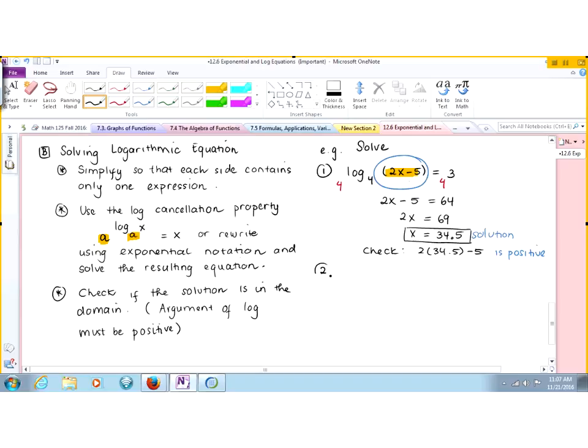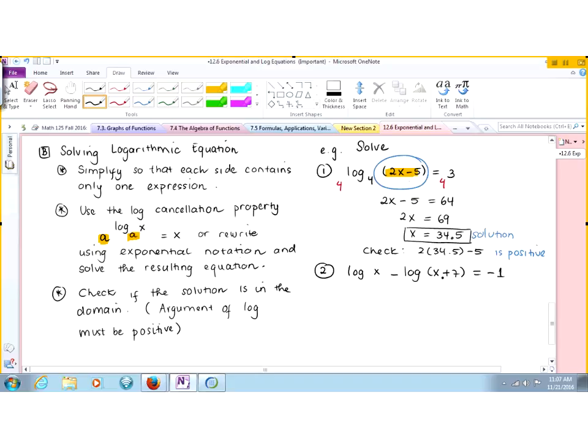Okay, good. Number 2. What about these? Log x minus log of x plus 7 is equal to negative 1. Now, I need to have one single expression on the left. So what am I going to do?